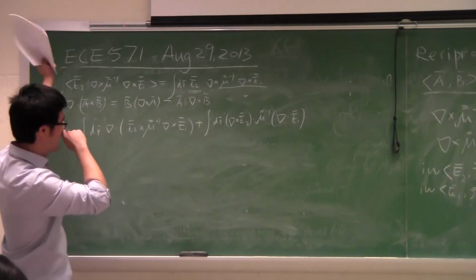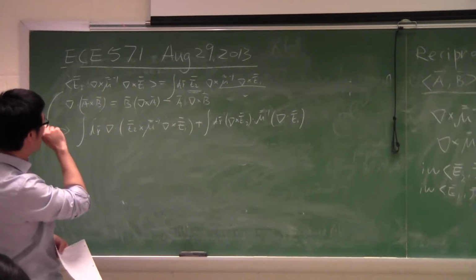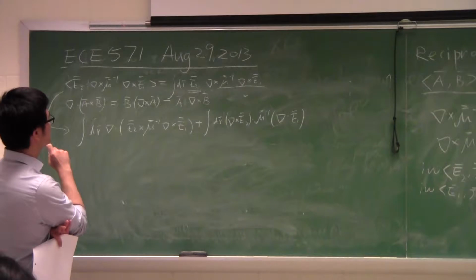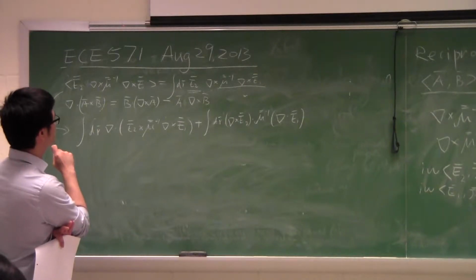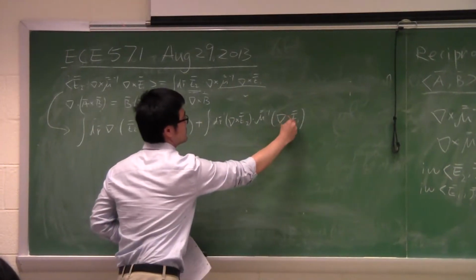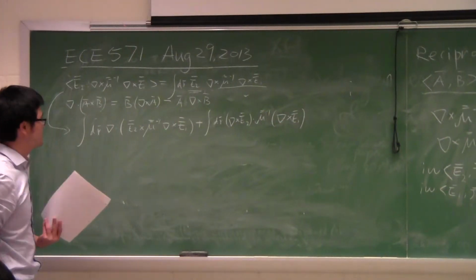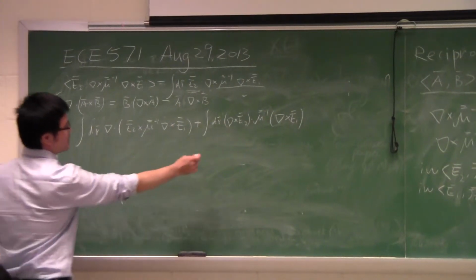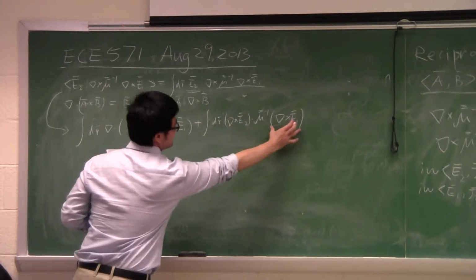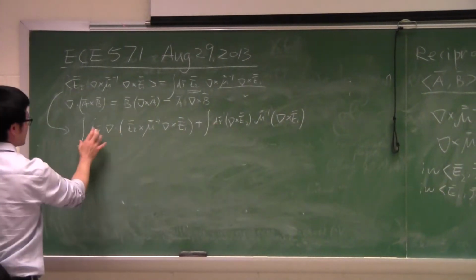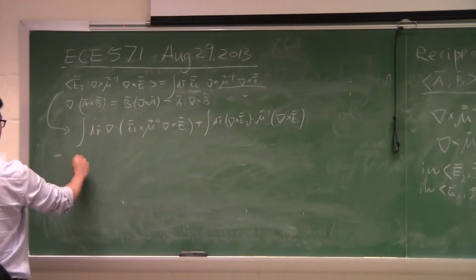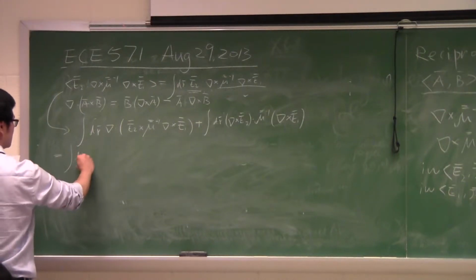So is everyone okay so far? Okay, now this looks very symmetric here, so we can just try to get rid of this term using the Gauss theorem, and this will become a surface integral.